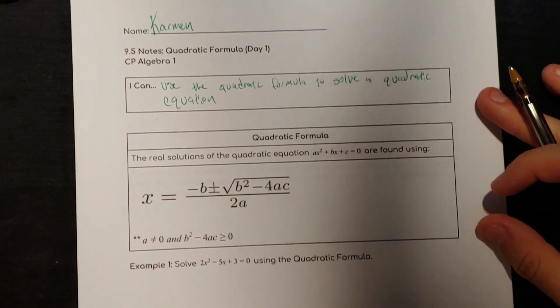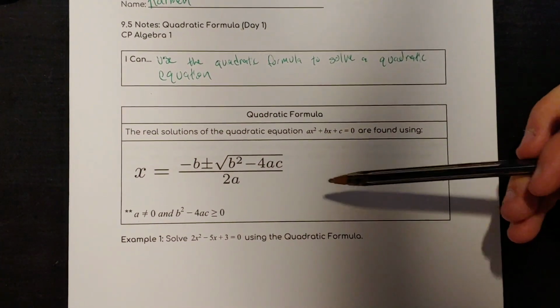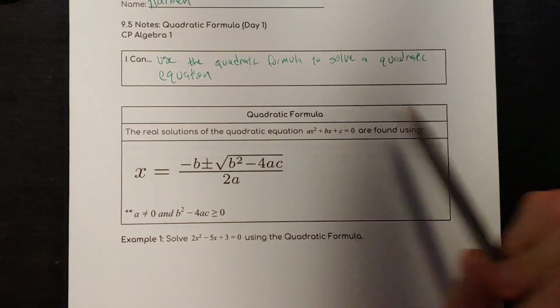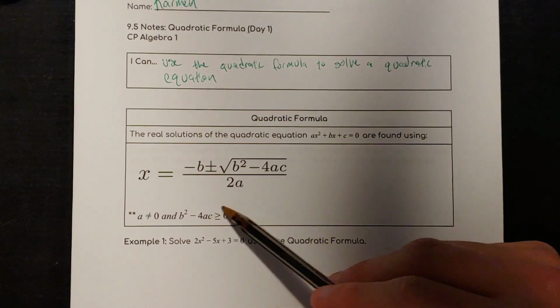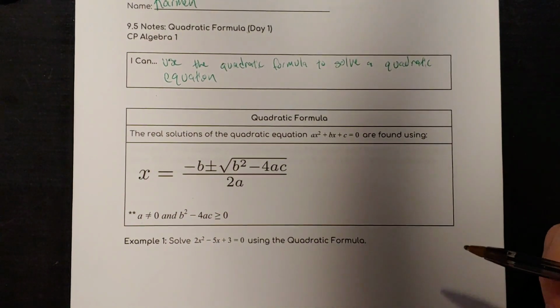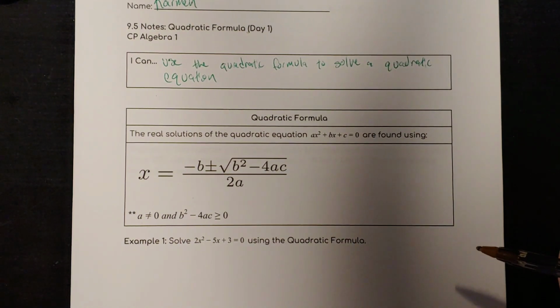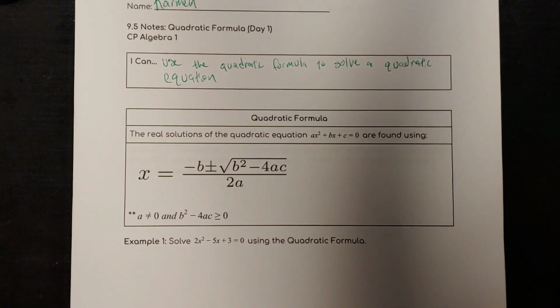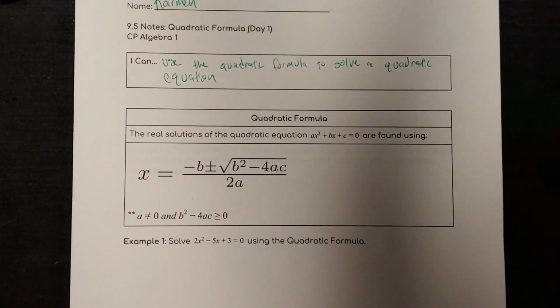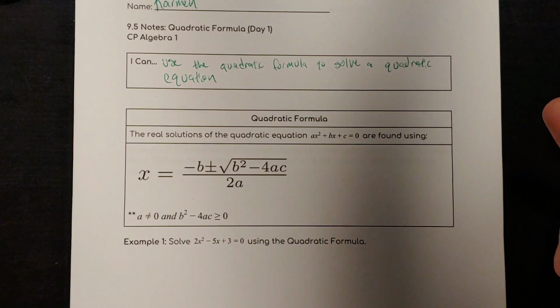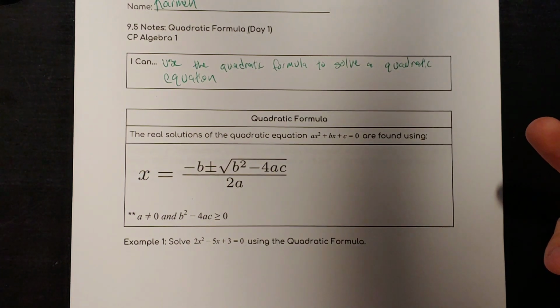So this is the real solutions of a quadratic equation ax squared plus bx plus c equals 0, found using this. This right here is your quadratic formula. It's going to be your best friend. I recommend memorizing it. Of course, at home, you're going to have it right in front of you, so it doesn't really matter at this point, but I would get that memorized. This is going to save you some trouble next year or the year after.